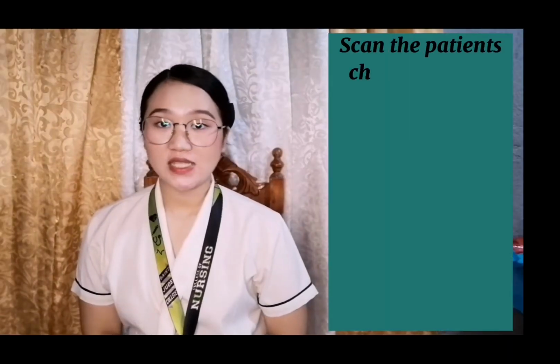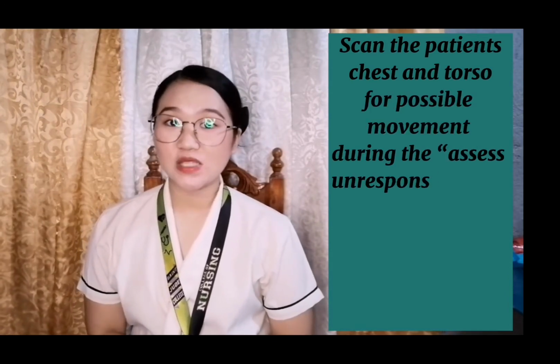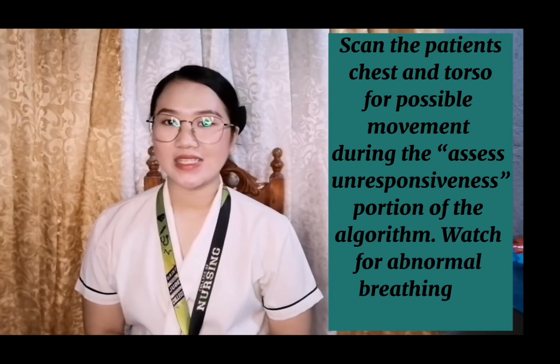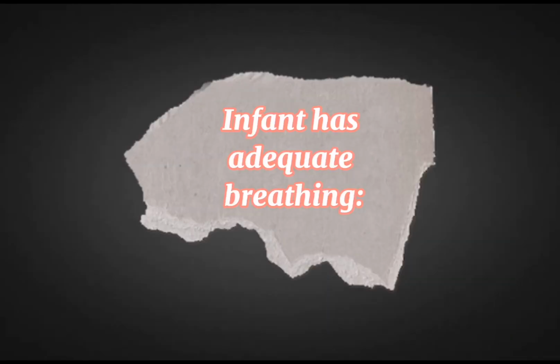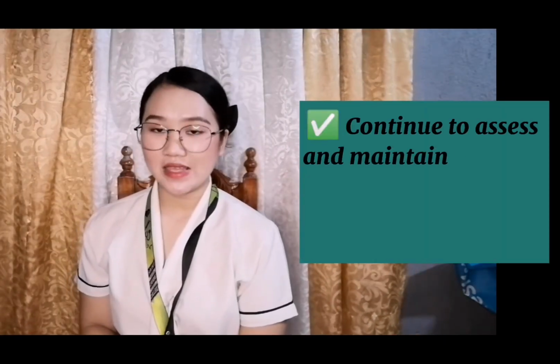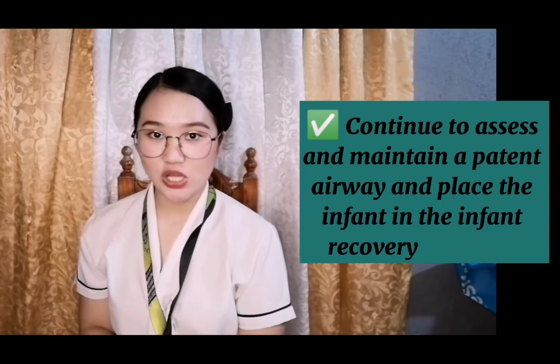Let's move to breathing. Scan the patient's chest and torso for possible movement during the assess responsiveness portion of the algorithm. Watch for abnormal breathing or gasping. If the infant has adequate breathing, continue to assess and maintain a patent airway and place the infant in the infant recovery position.